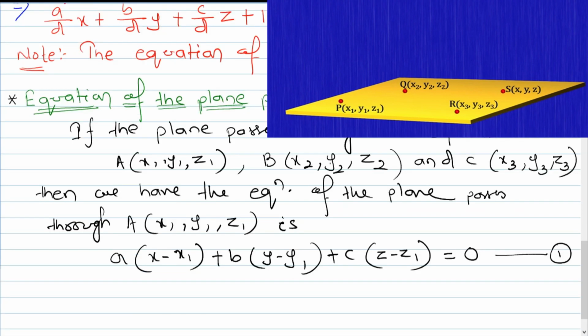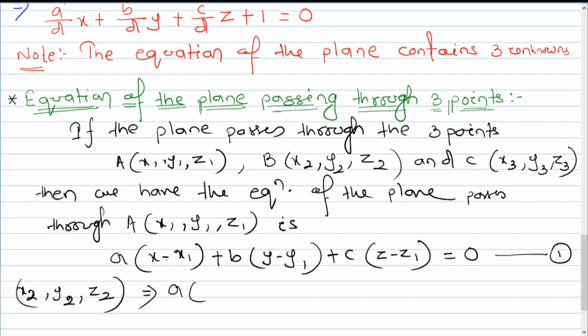Now since x2, y2, z2 is a point on the plane, it should satisfy the equation of the plane. So you should replace x by the x coordinate, y by the y coordinate, z by the z coordinate. Since the point is on the plane, the point should satisfy the equation of the plane.